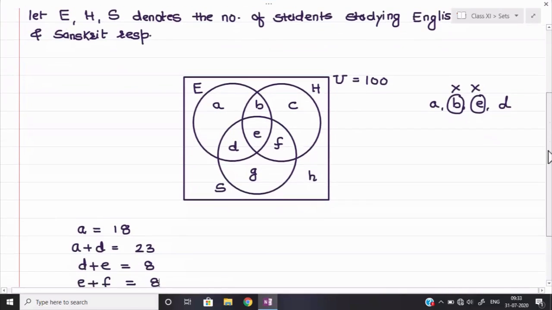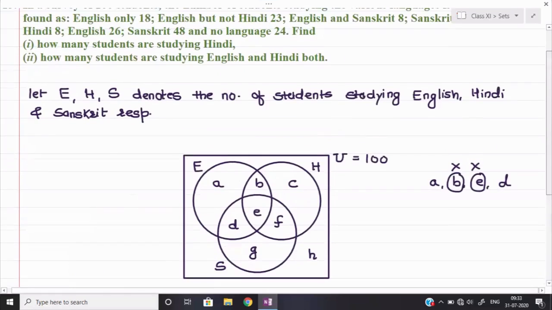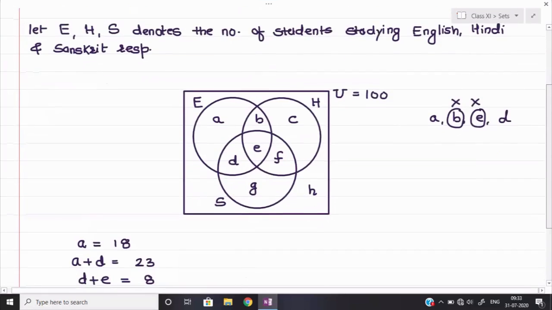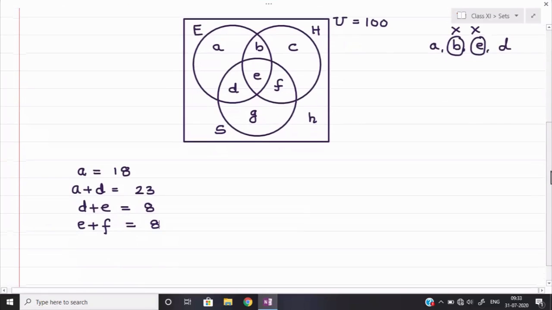So English 26, Sanskrit 48. English 26 means overall the total number of students studying English is 26. So A plus B plus D plus E is equal to 26.